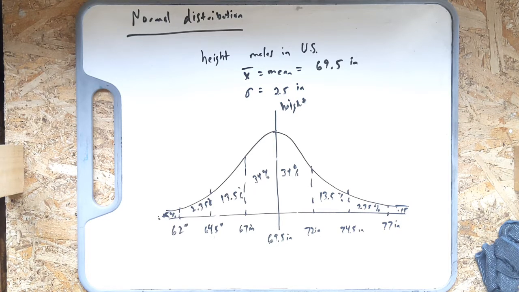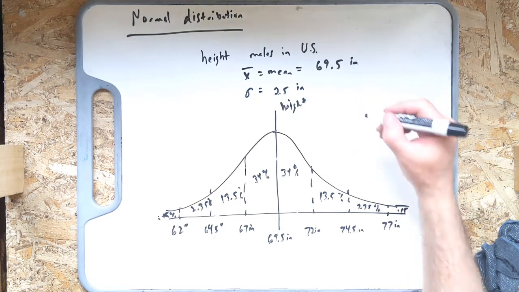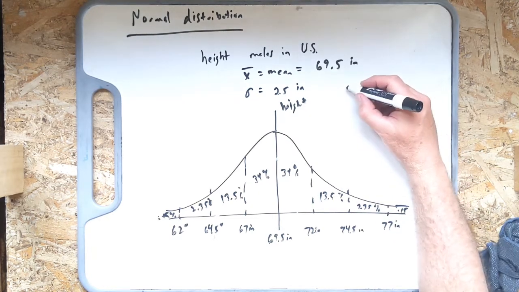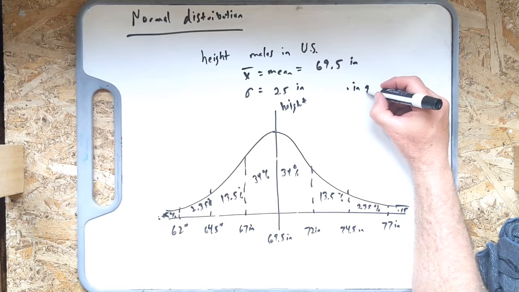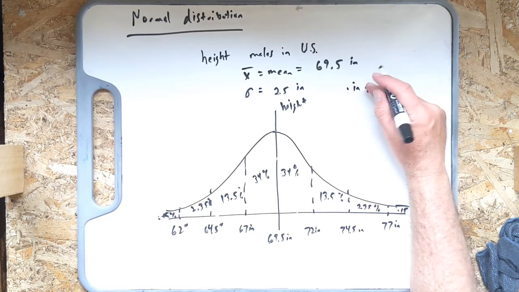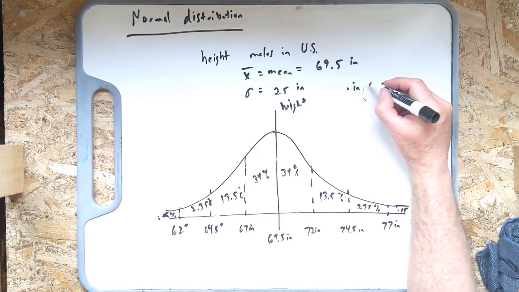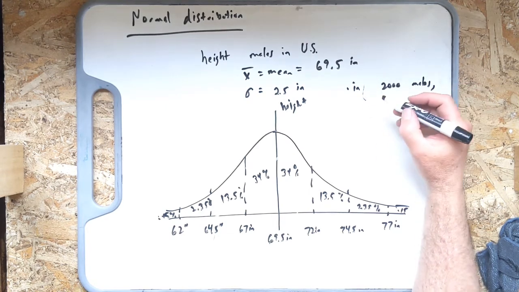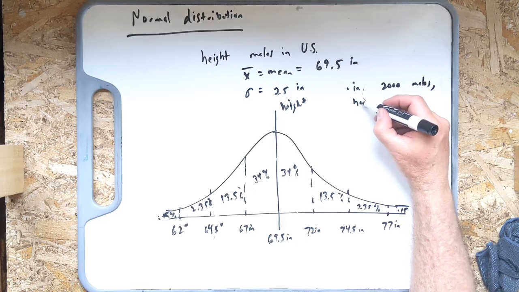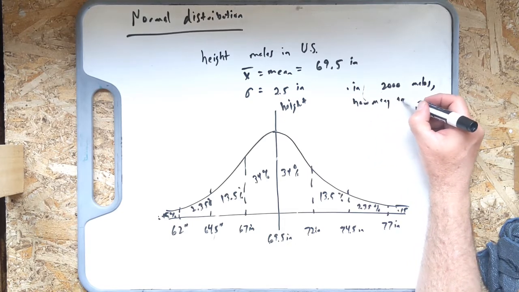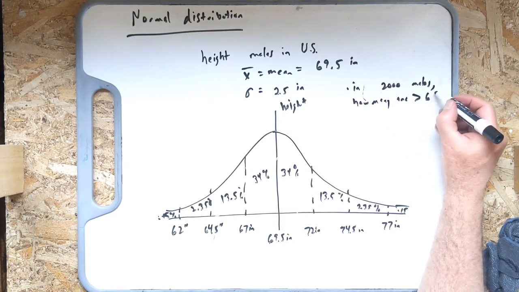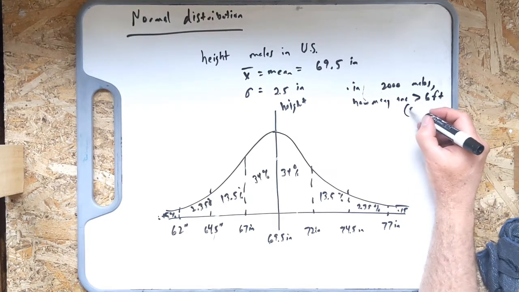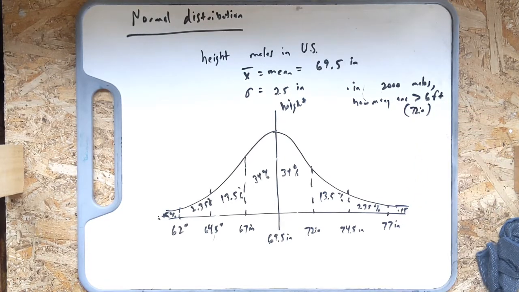But okay, so here's some questions you could ask. In a group of U.S. males, let's say 2,000, how many would you expect to be taller than 6 feet, which is 72 inches? What you do is you say, where's 6 feet on this?